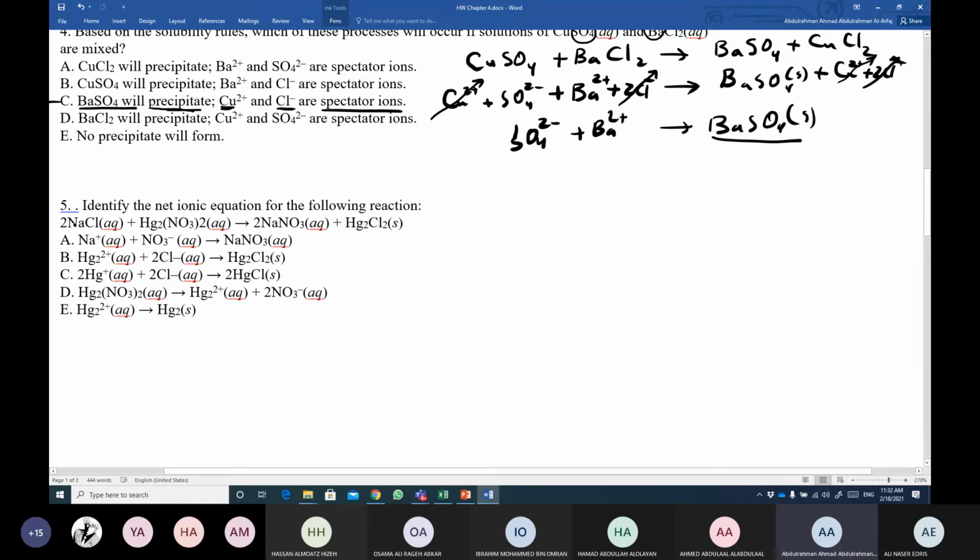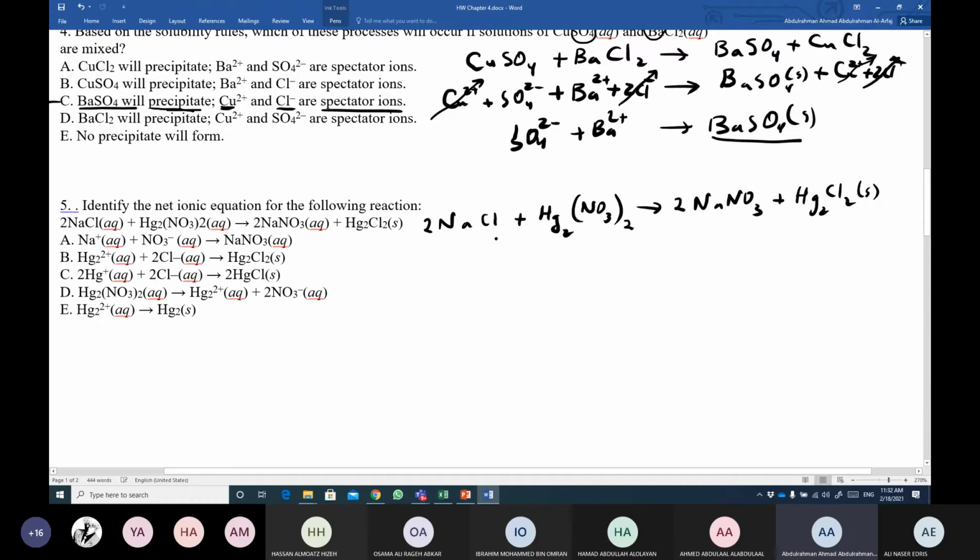Again, let's write the equation. 2NaCl aqueous plus Hg2(NO3)2 gives you what? 2NaNO3 plus Hg2Cl2.